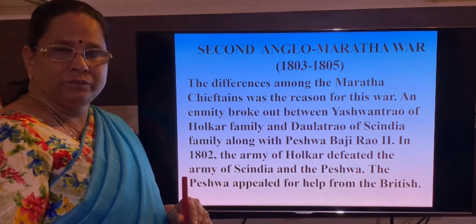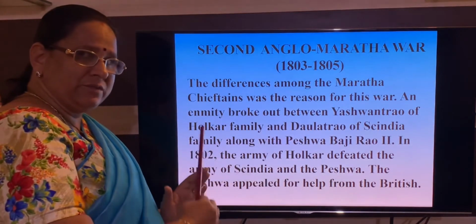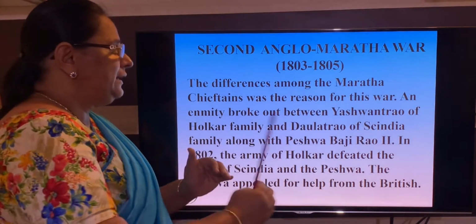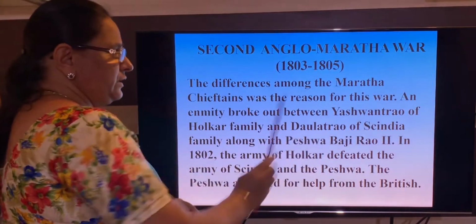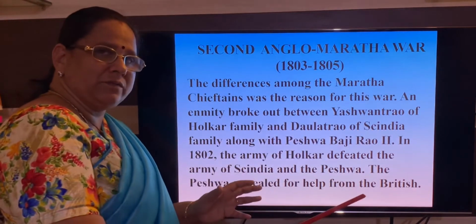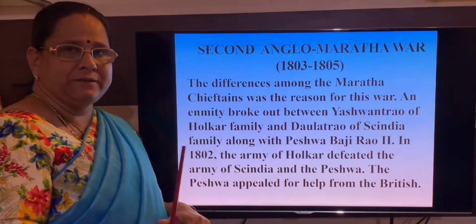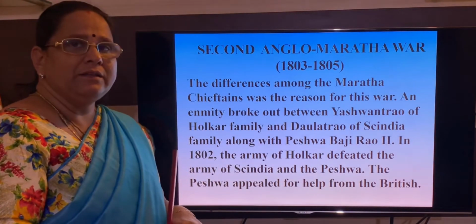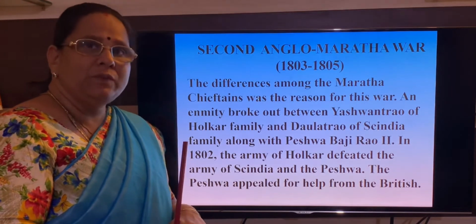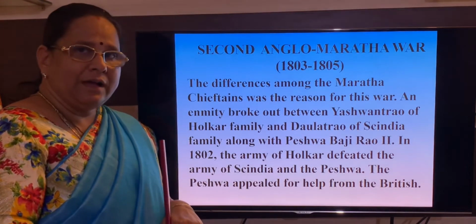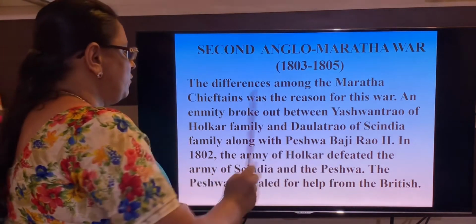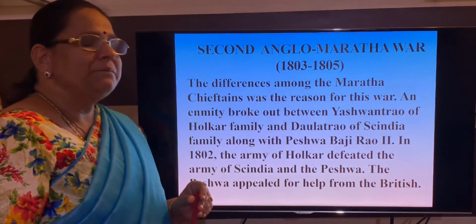Two people on one side, and the other side is only one person. Finally, the war was waged between each other and Yashwantrao of Holkar won the battle.